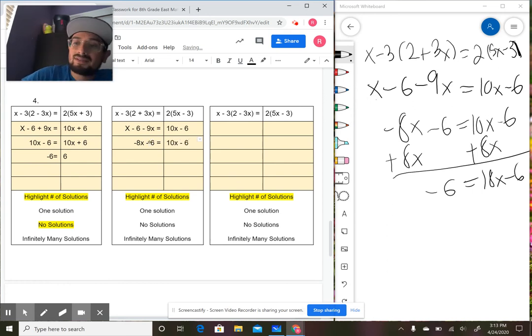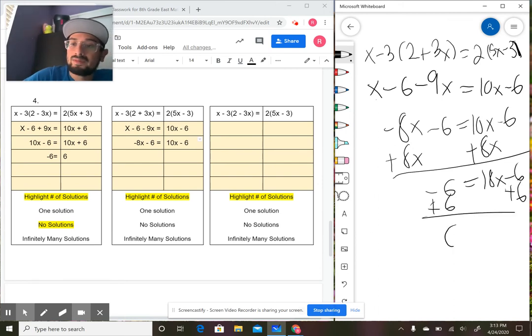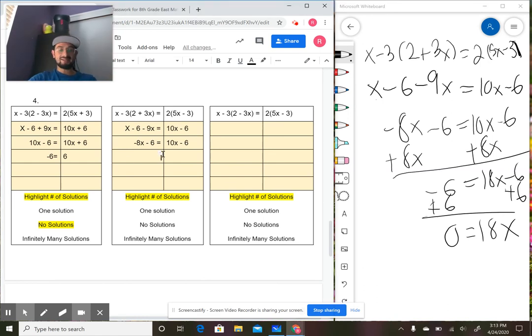So add the 6 to both sides. 0 equals 18x. So what that means is that some number times 18 is 0. So the only number times 18 that can be 0 is 0. So the answer is 0 on this one.